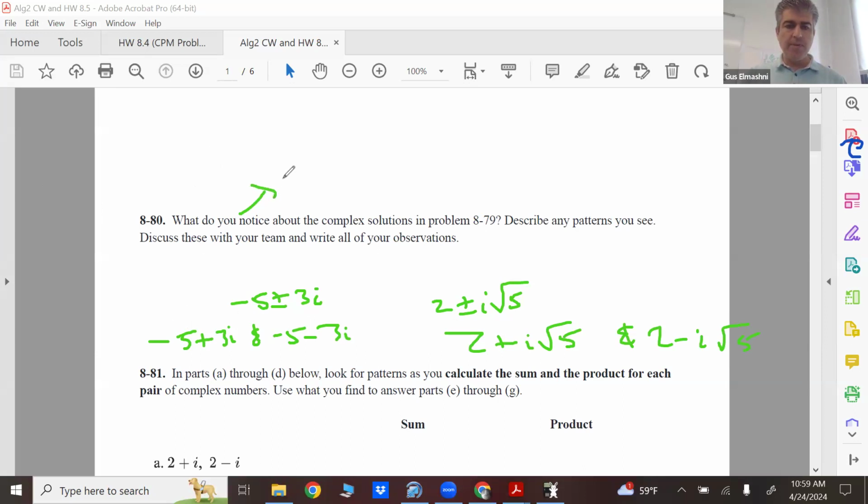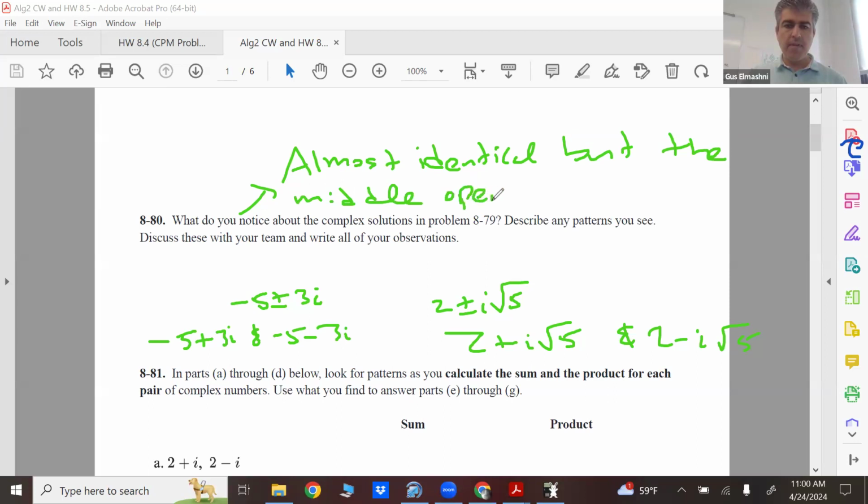They're almost identical, but the middle operation is different. That's what we notice. We're going to talk about these patterns in the next problem.